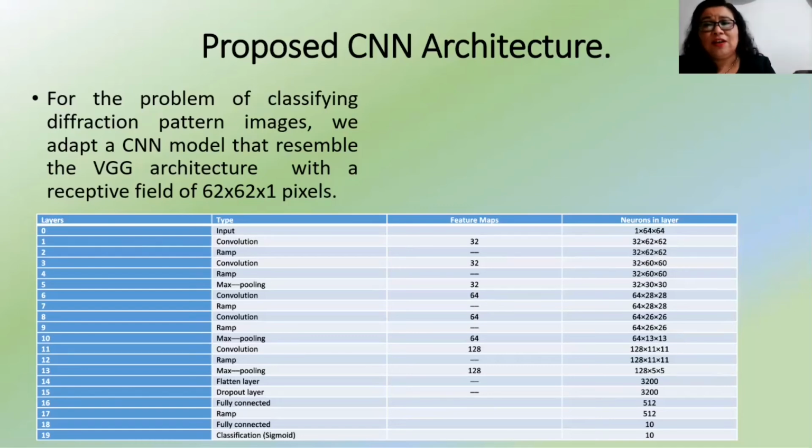The classification layer contains a flatten layer, a dropout layer of size 0.2, and 2 dense layers of size 512 and 10, respectively. A ReLU between the 2 dense layers and the sigmoid activation function thus performs the classification task.